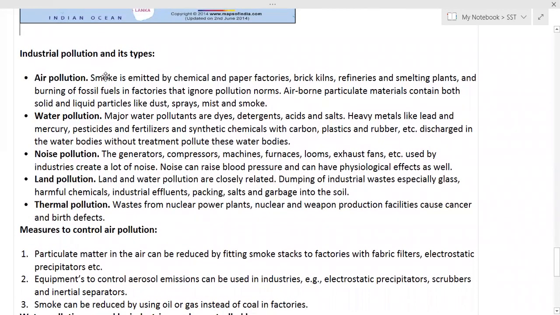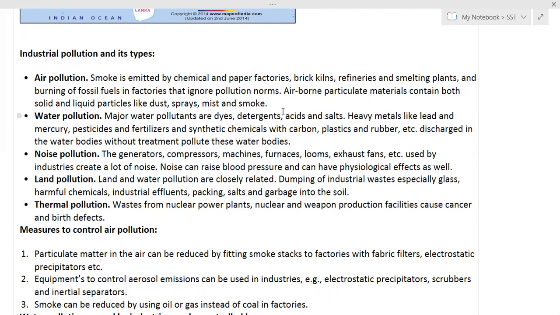Air pollution is emitted by chemical industries, brick kilns, smelting plants and the burning of fossil fuels. We all know that chemical industries are a major cause of air pollution.